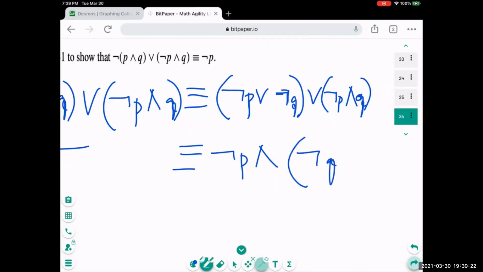And Q and what else? Union of, tama ba? Union of Q, right? Because Q and Q, right? Kasi isang negation at isang hindi negation. And then next is, ano pwede natin ito?